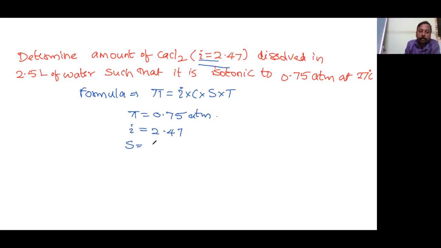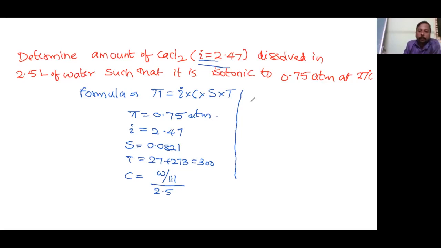S means universal gas constant, 0.0821, and temperature must be converted into Kelvin, so it will be 300. C will be mass upon molar mass, 111, divided by 2.5 liter. Already it is in liter, so you need not convert or multiply with 1000.